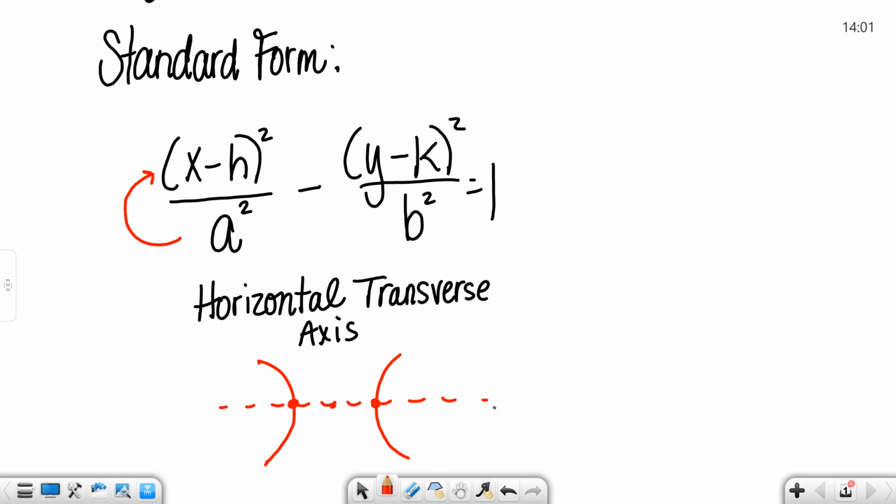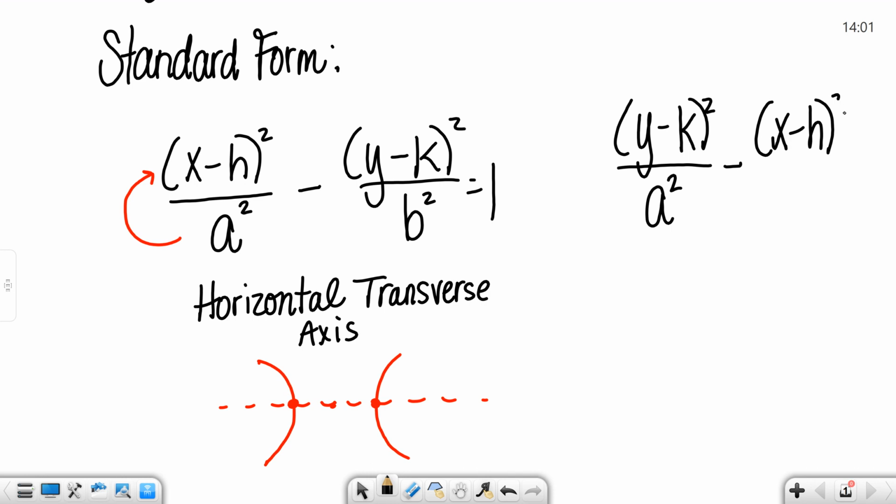Okay? So our other equation, now this one is slightly different than what we did for an ellipse. So make sure you have these equations beside you. This time, I didn't move that A squared. It stays where it belongs, there.